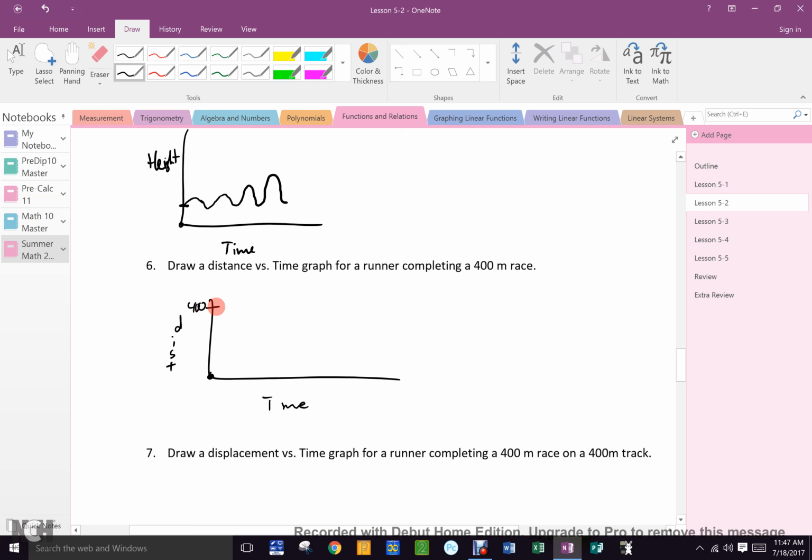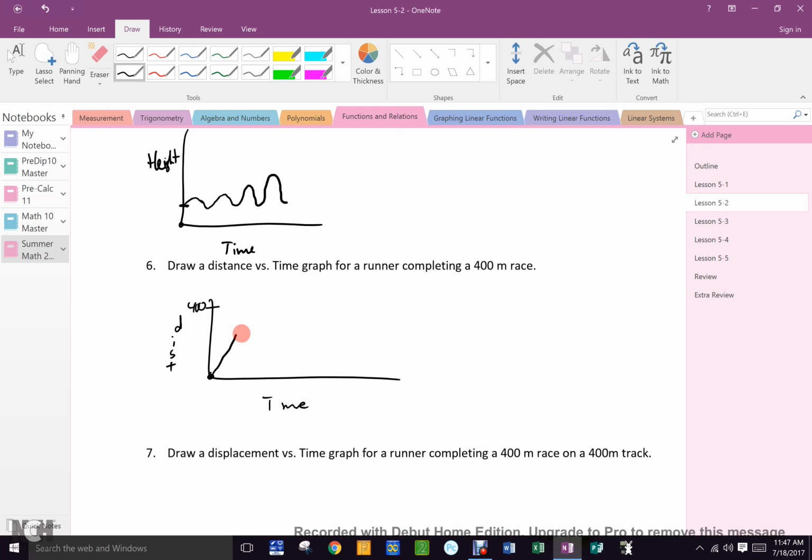Now, how would it look? How do you start in a race? You accelerate, right? So you're going to cover a lot of ground in a little time. A lot of ground in a little bit of time. So the first little bit is going to be really steep, isn't it? And then you slow down, you settle down into a pace, right?